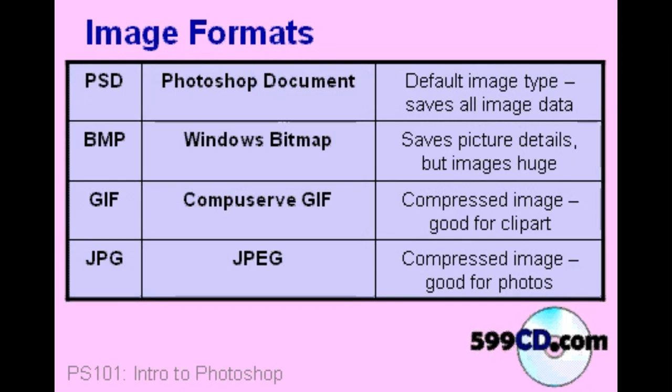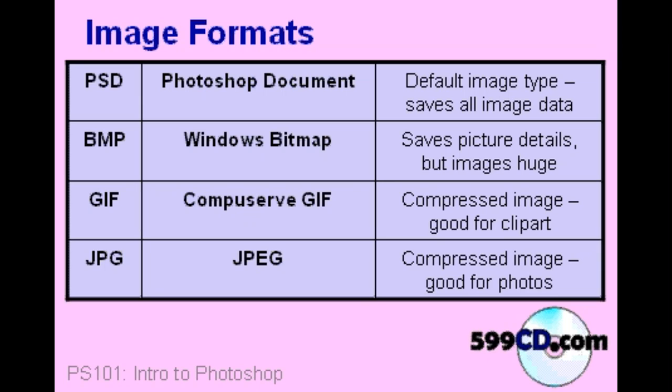Then we have Windows bitmaps, BMP files. Windows bitmaps save all the picture details as far as colors and such, but they're huge. They're not compressed at all. So Windows bitmaps are a poor choice for saving images on the web. The two most popular formats for web pictures are GIFs and JPEGs.